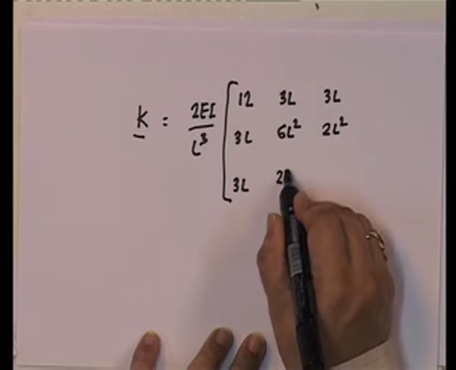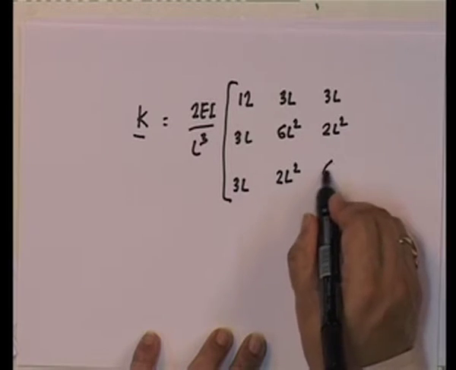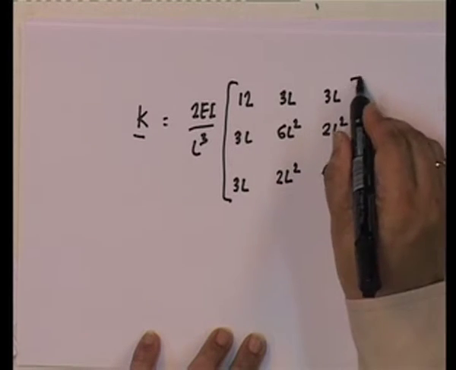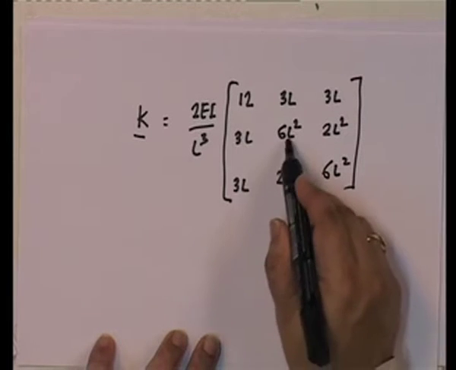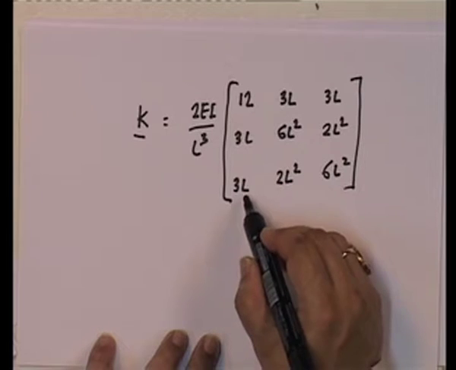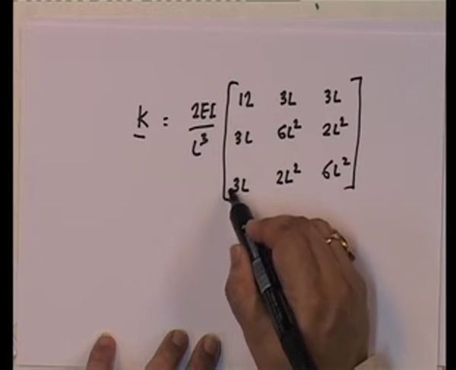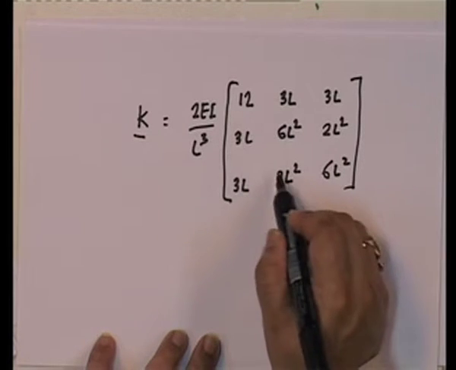I just gave you some specific numbers to show how to get them. You can always get them as long as you remember that Kij is equal to the force at i due to unit displacement at j.